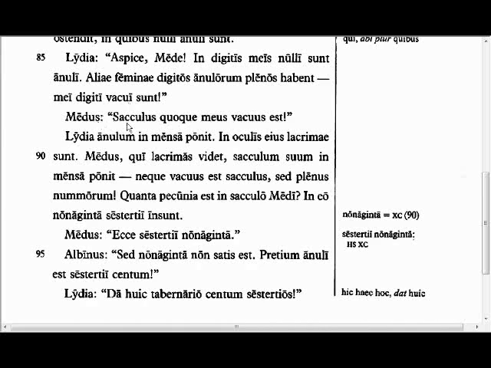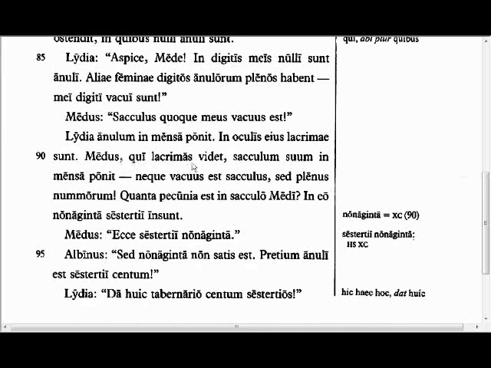Medus, my money sack is also empty. Vacuus, we see here and here, meaning empty, vacuous. Lydia places the ring on the table. In her eyes there are tears.